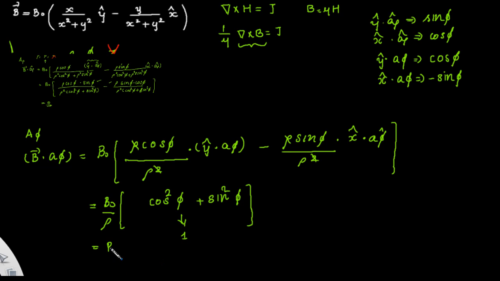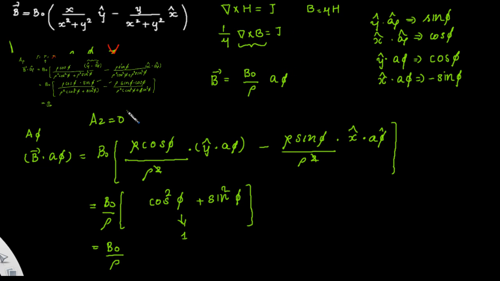So we have the component as B naught by rho. We have already seen that the a z component is 0 because there is no z component. So we are left with the B vector as B naught by rho a phi. This is in the cylindrical coordinate system. Now we just quickly find del cross B.